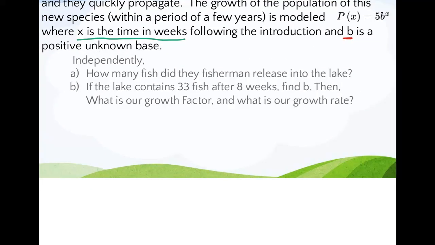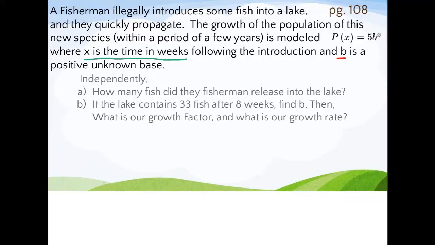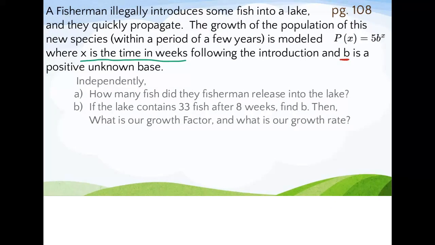All right, so I want you to try this independently on your own. Letter A says, how many fish did the fisherman release into the lake? You should be able to see that from your equation.